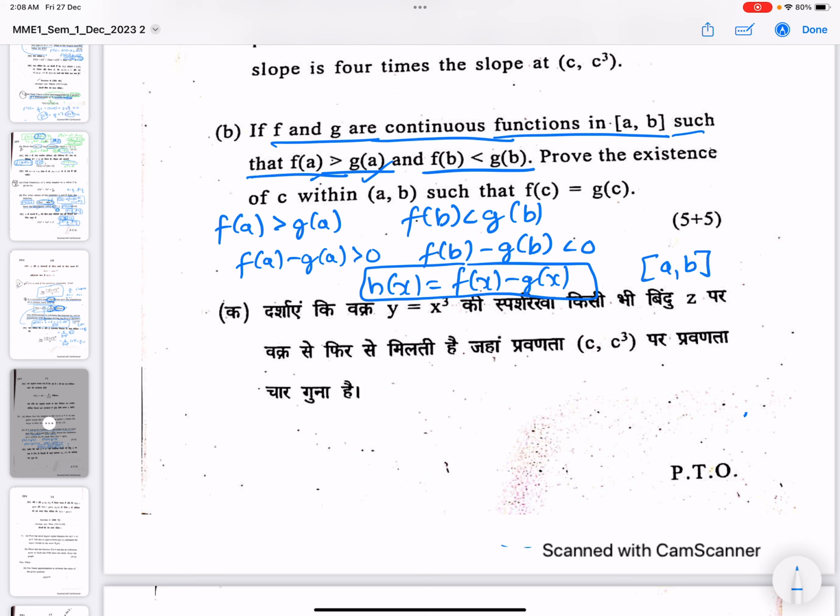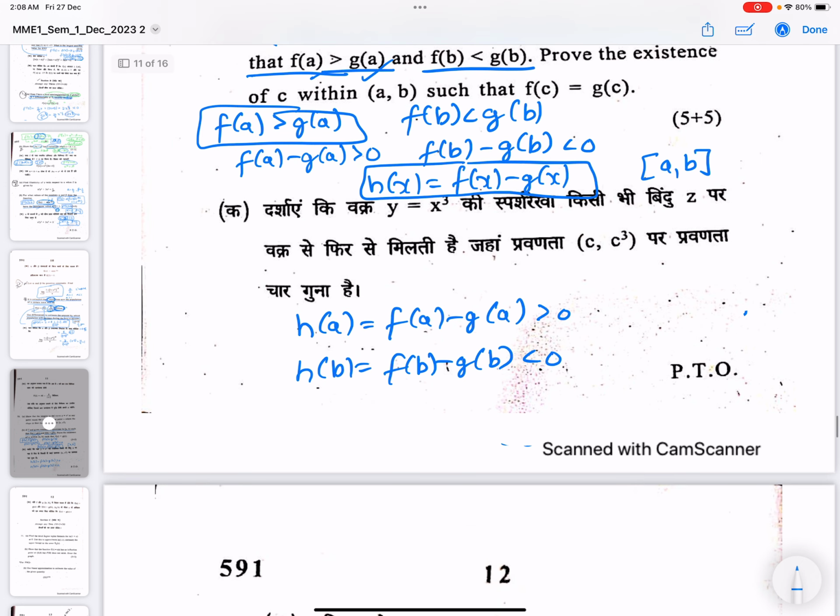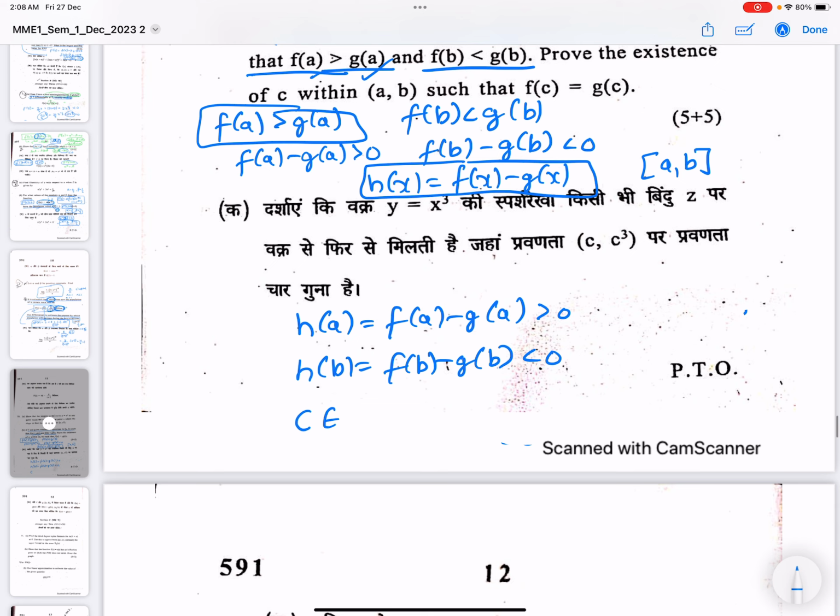Now h of a is f of a minus g of a, which is greater than 0, as given in the question. h of b is f of b minus g of b, which is less than 0. Now with the help of the intermediate value theorem, there would exist a c between a and b such that h of c equals 0, which means f of c minus g of c equals 0. So f of c equals g of c at point c.